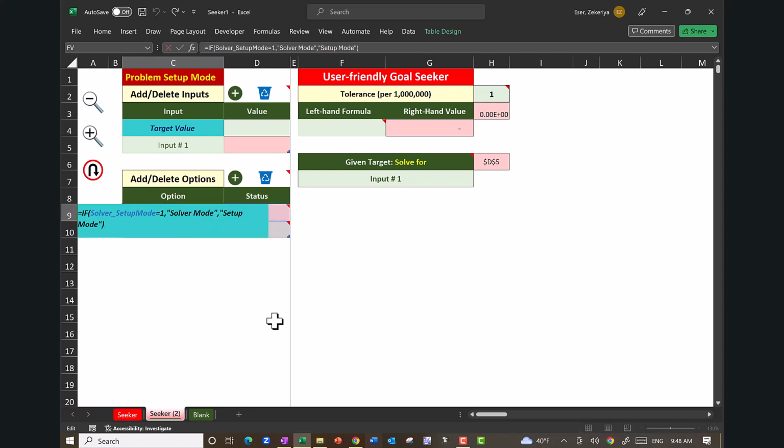When you're in solver mode, when any one of the inputs or the unknown that you're looking for changes or the target value changes, it triggers the goal seek that we would have otherwise done manually and equates the left-hand side and right-hand side by changing the value for that unknown. Okay, it does it automatically. When you're in the setup mode, it doesn't do anything. Given the inputs, it tells you what the left-hand side is equal to.